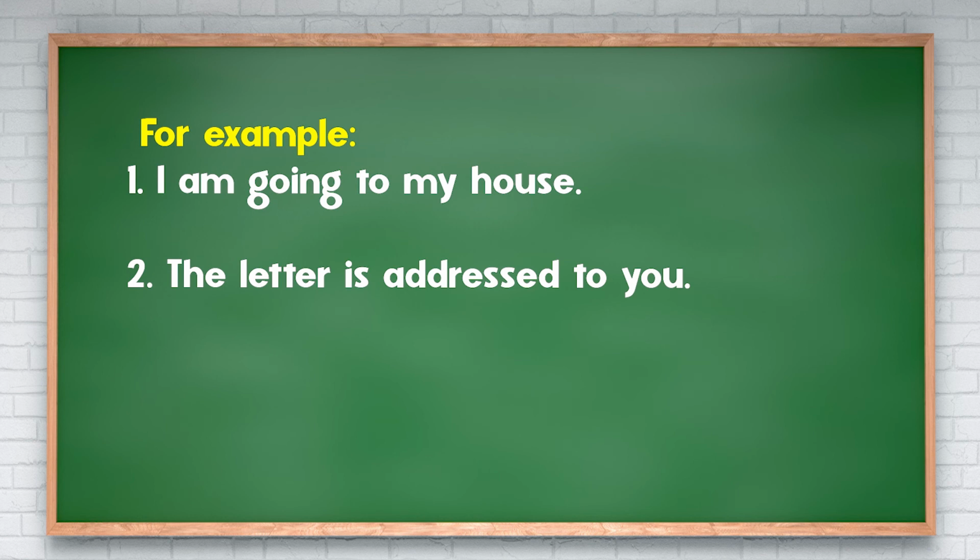Examples: I am going to my house. The letter is addressed to you. In the first sentence, to combines with the noun my house. And in the second sentence, to combines with the pronoun you. Here we see both functioning as prepositional phrases and not infinitives.